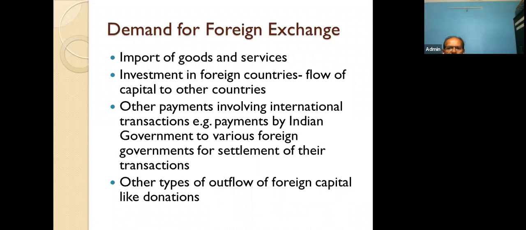So whenever there is an investment, again, it creates the demand for foreign exchange. I hope you're understanding the example.